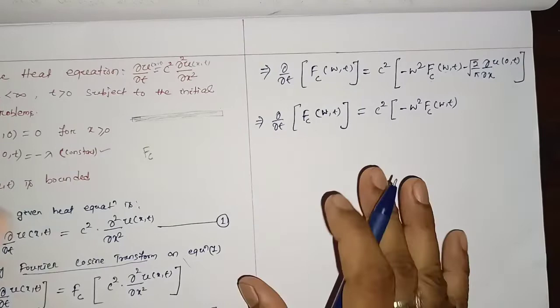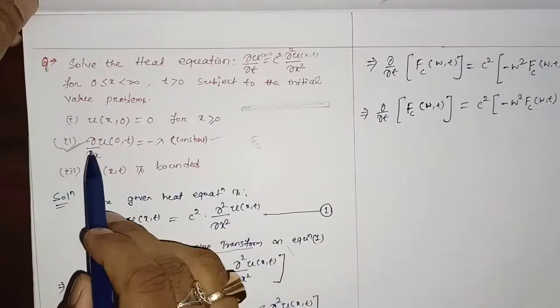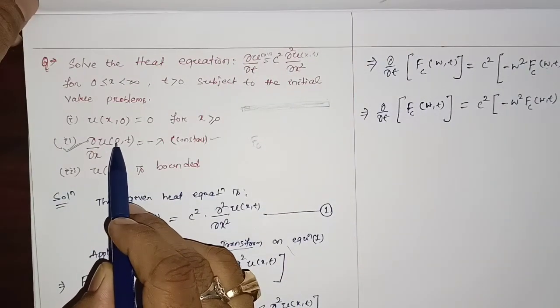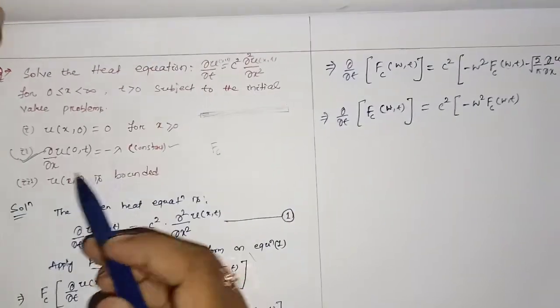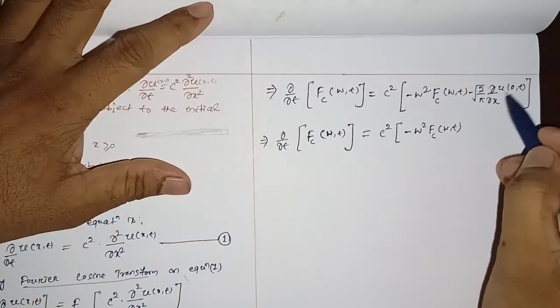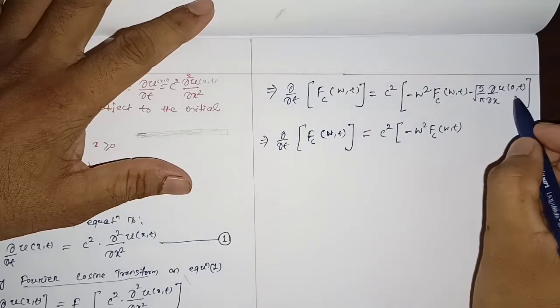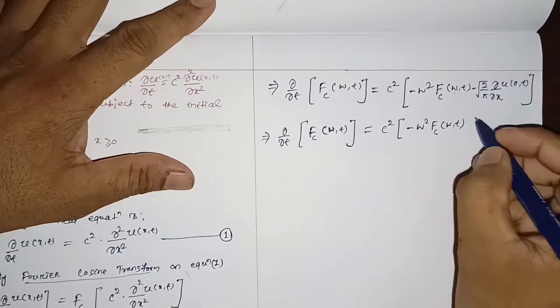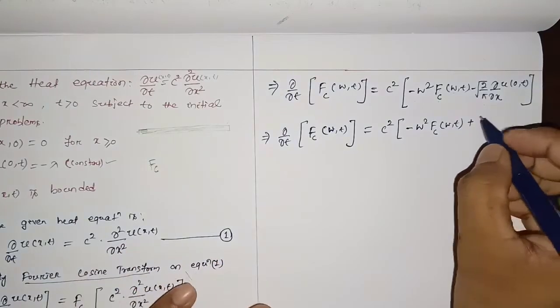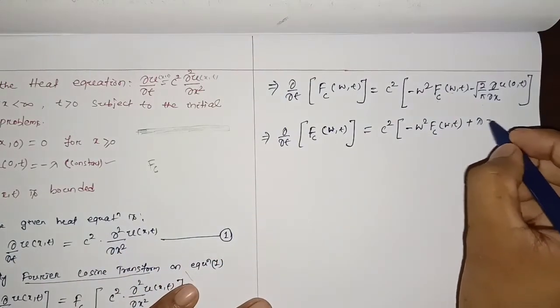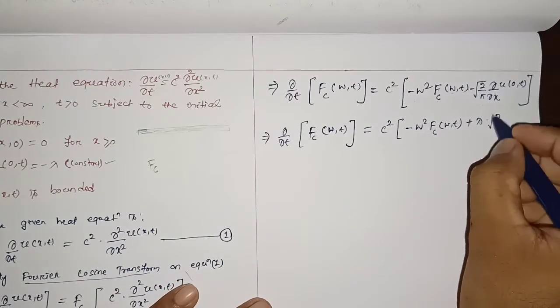Here in your question del by del x of u of 0, t is given as minus lambda. So instead of del by del x of u of 0, t we write minus lambda. So minus, minus gives plus lambda into root over 2 by pi.